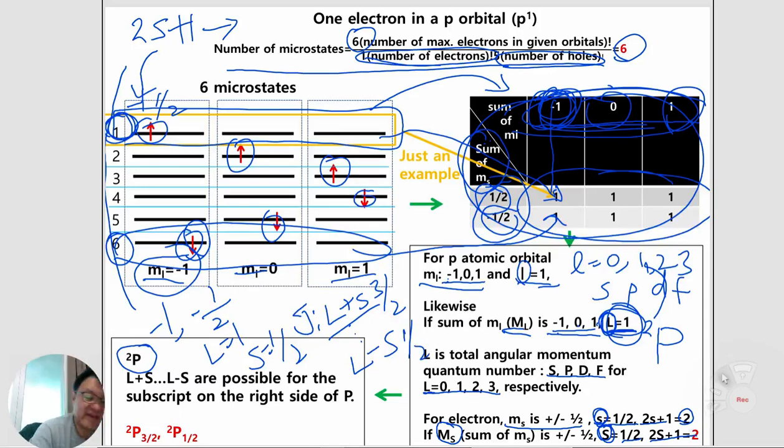So this J value goes to the right side of the symbol as a subscript. Ultimately, we have two different term symbols derived from this table, 2P 3/2 and 2P 1/2. These are the two term symbols derived for a one-electron system in a p orbital.